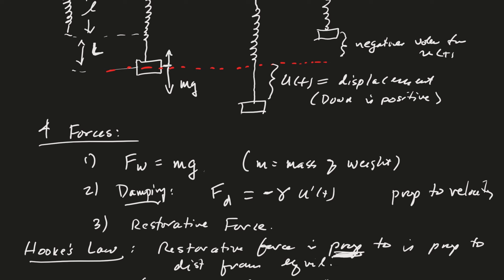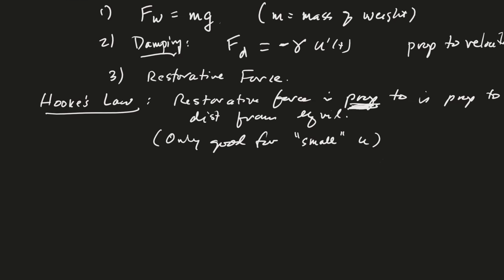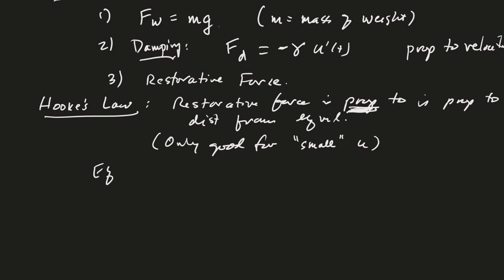By Hooke's law, that is proportional to the distance, so that's going to be kL. Equilibrium implies that mg minus kL is equal to 0.